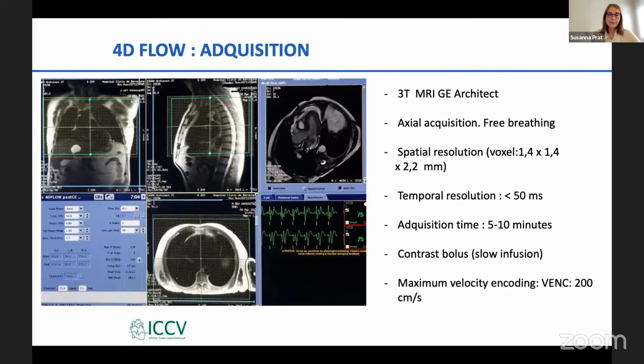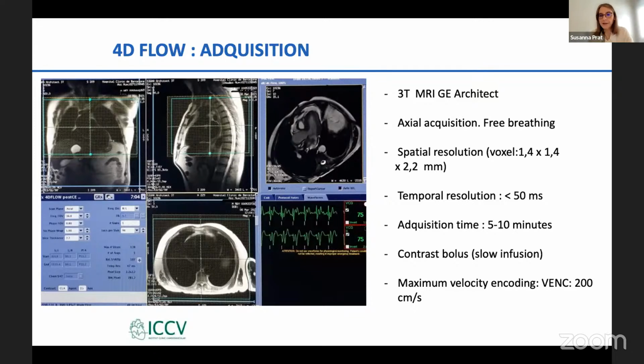In our center, we use a slow infusion of a small bolus of gadolinium contrast, because this increases the signal-to-noise ratio. And as I said before, for 4D flow or for phase-contrast flow MRI, we need to establish the VENC, that is, the maximum velocity that we expect.